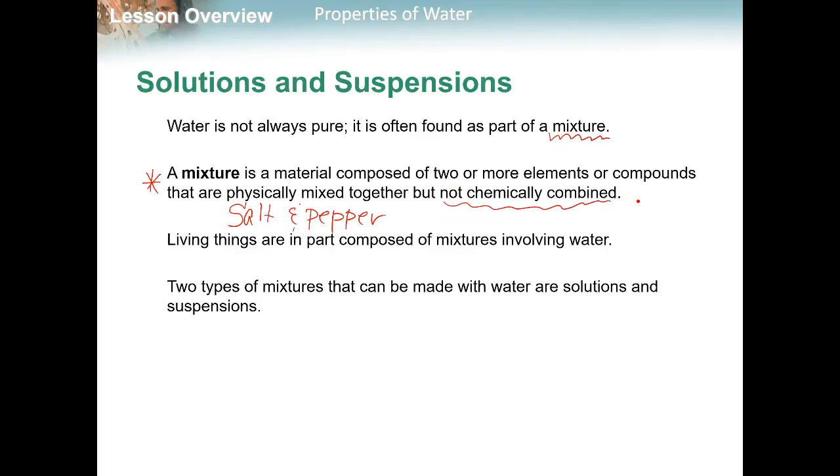That's the key thing. Living things are in part composed of mixtures that involve water. We've got a lot of different mixtures where things just don't chemically combine, but they're floating around. We're going to see that DNA, which is a chemical molecule, is going to be part of that mixture.